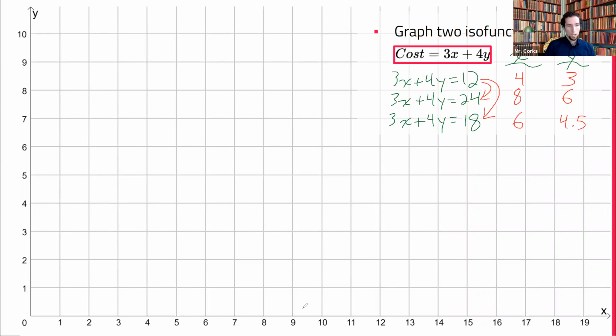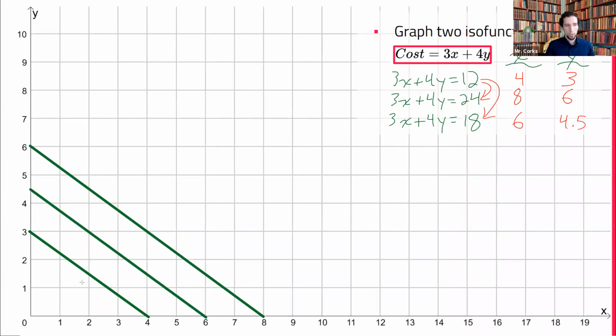This is going to be a little small. I guess we could have had some bigger ones, but we'll still see the pattern with these. So 4 and 3, 8 and 6, and 6 and 4.5.